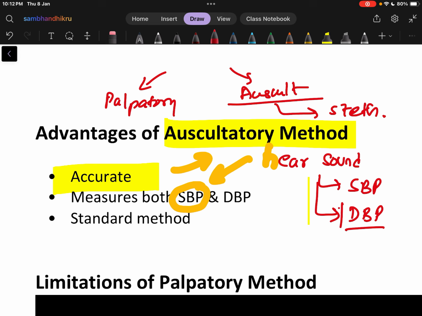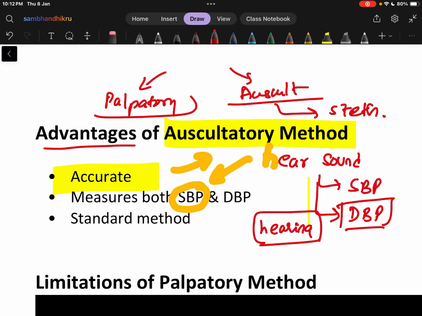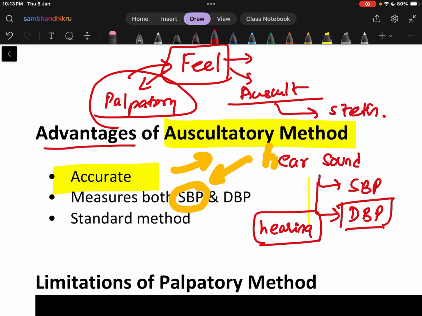In the palpatory method, however, you can't hear; you only feel the pulsation. Clear? So in the palpatory method you can only look for the SBP. You can't feel the DBP, right? Yes. So it is not at all an accurate method.